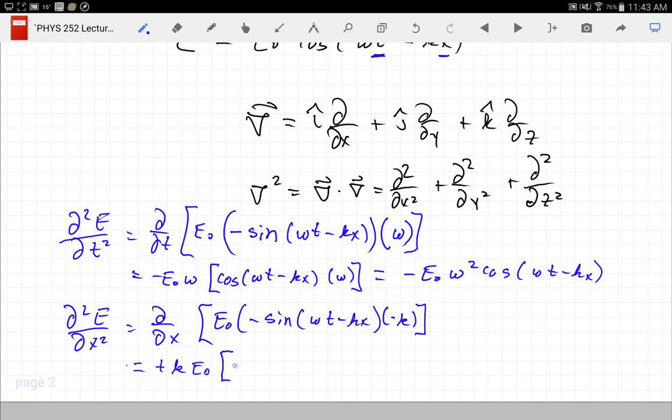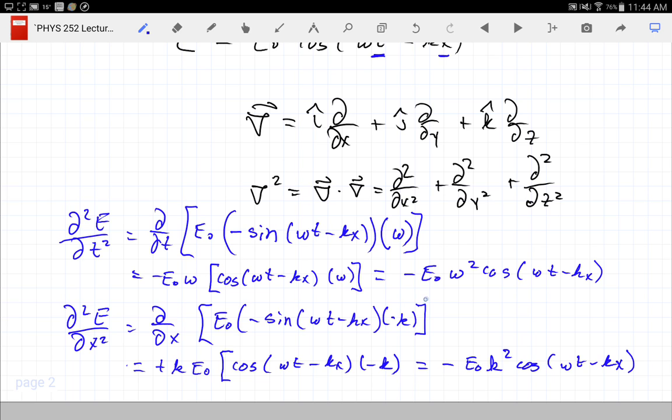Well, I'm doing the second derivative now, because there's still a derivative that needs to be done. Oh, I see what you're saying. Being at the edge of my tablet, I did not write very well.